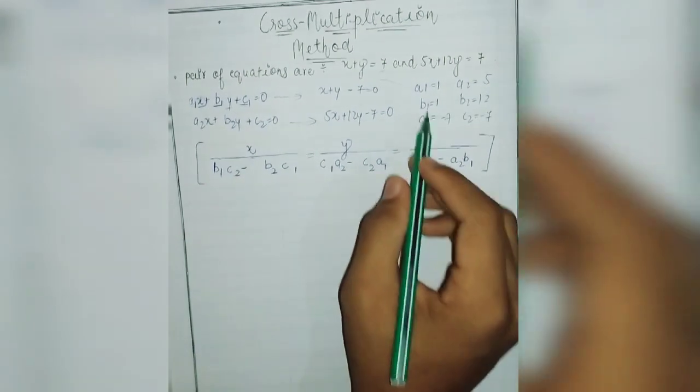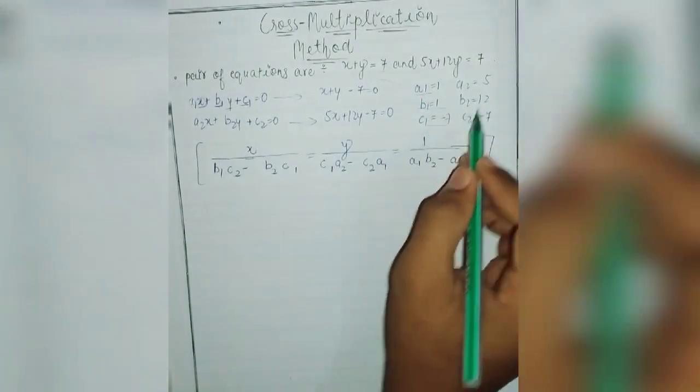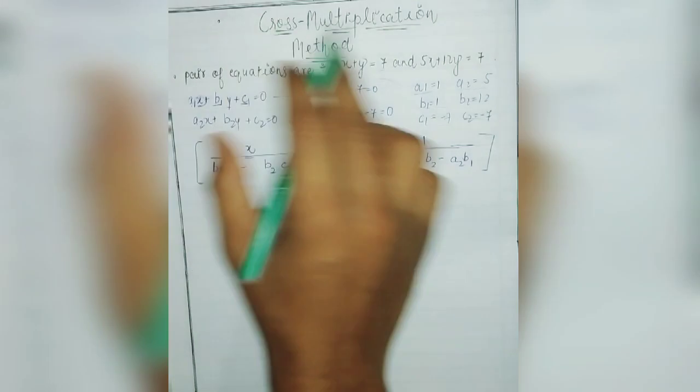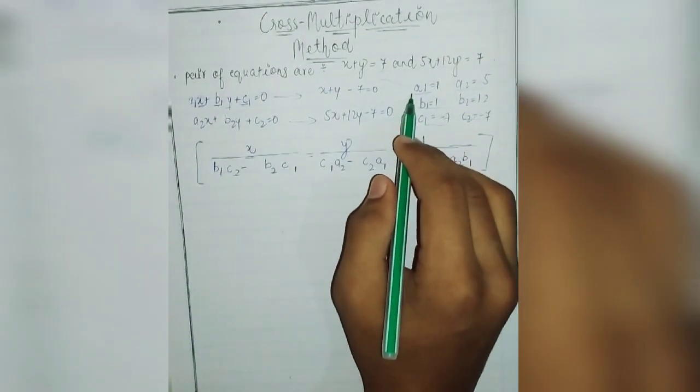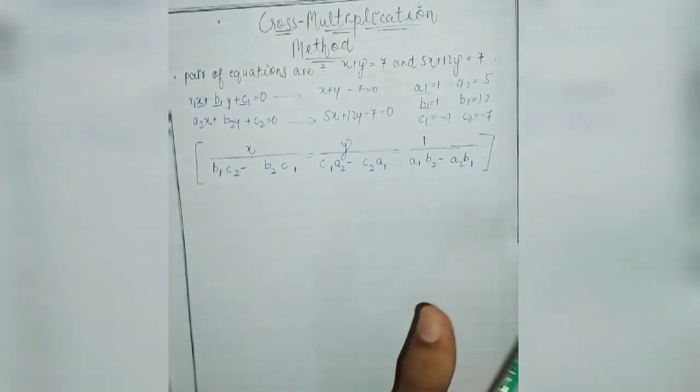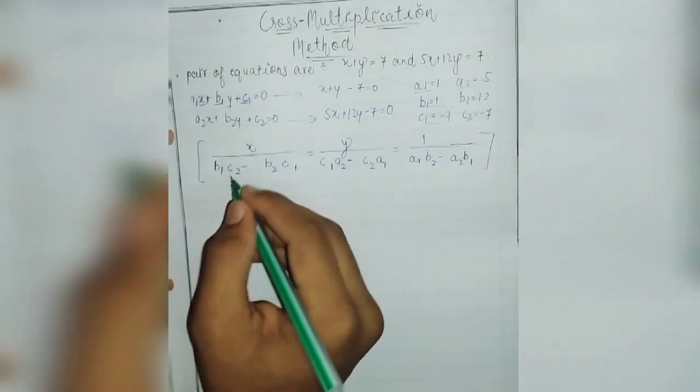It makes things very easy because we know the values of these. But if you become perfect in the cross multiplication method by practicing more and more questions, then you do not need to write this and this. You can directly go to the formula.